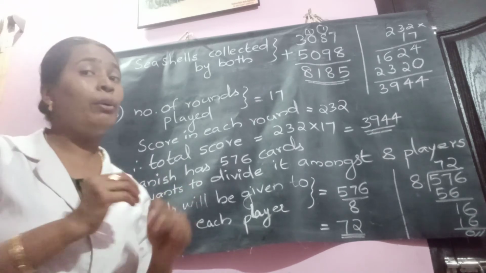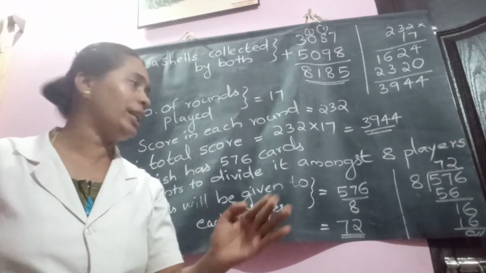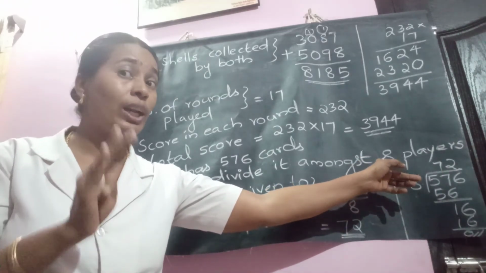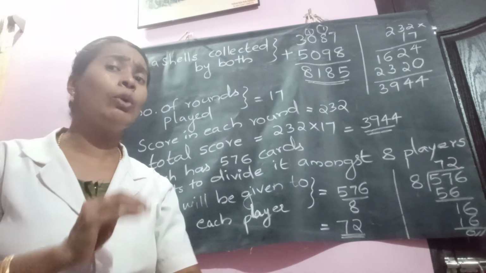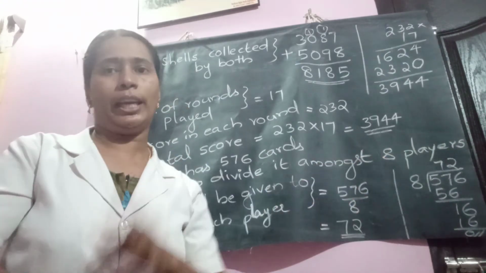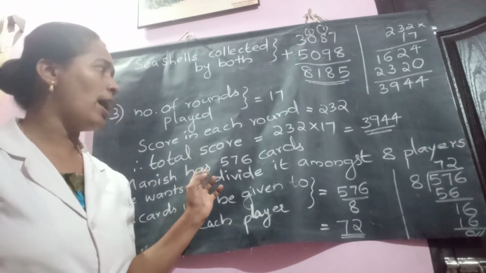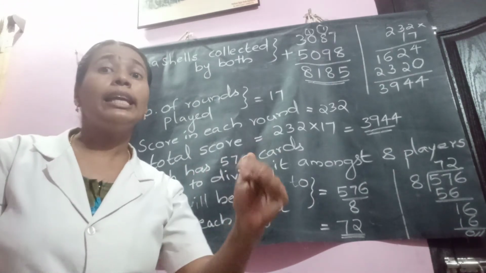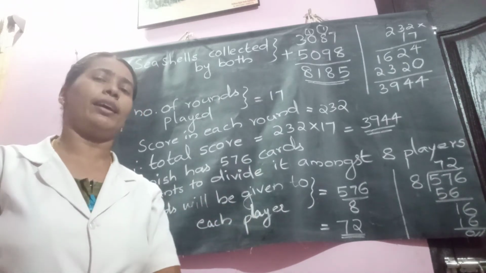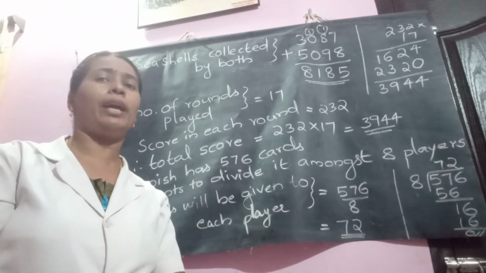Manish. Now he is making groups of how many? 8 players, equal groups. Equal number of cards are needed by 8 players. So how do we calculate the cards given to each player?